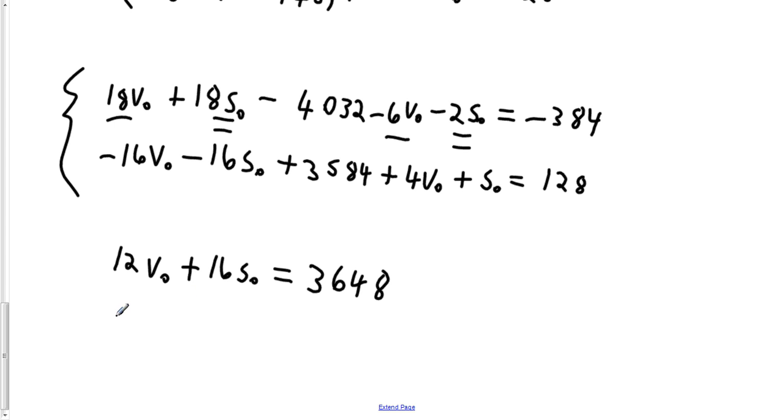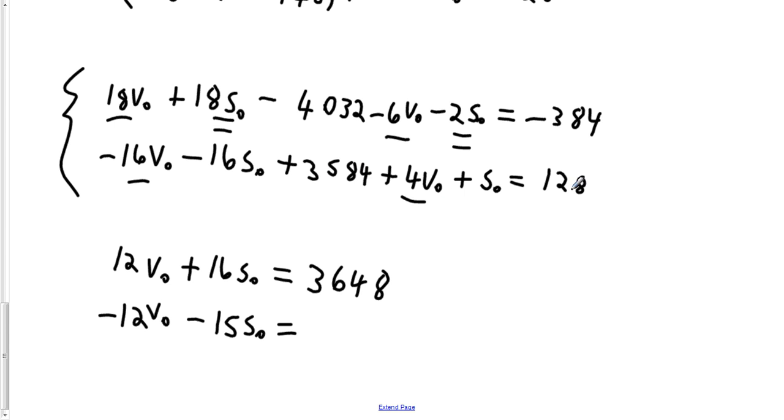On the bottom, negative 16 v naught and a plus 4 v naught is still negative 12 v naught. A negative 16 s naught and a plus 1 s naught is still negative 15 s naught. But what I forgot to do was this 3,584, I have to subtract it from both sides.